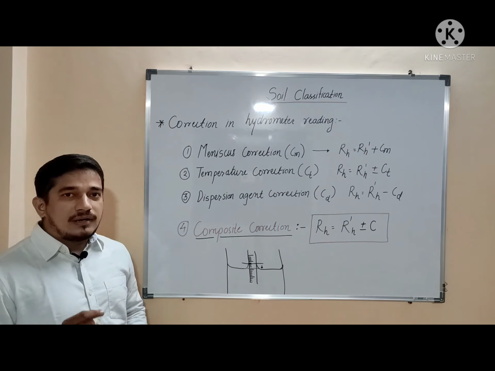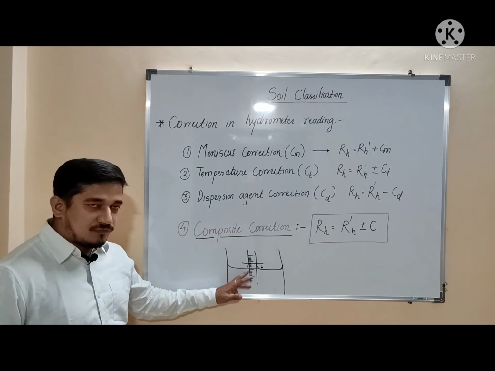There will be a rise of meniscus at the intersection of this stem and this soil suspension because of surface tension. As the solution is opaque, we will take the reading at the top of the meniscus, but actually we have to take the reading at this free surface. As we know, the readings are increasing in the downward direction in case of this hydrometer. The correction for this meniscus will be positive.